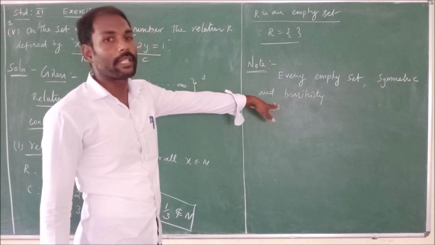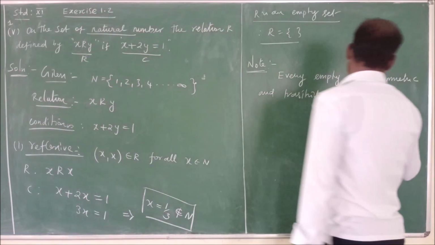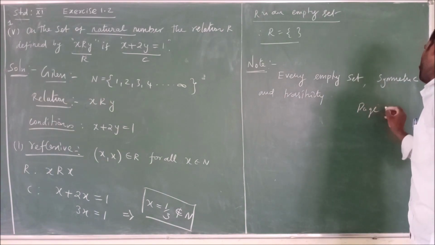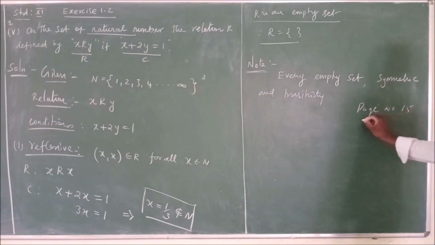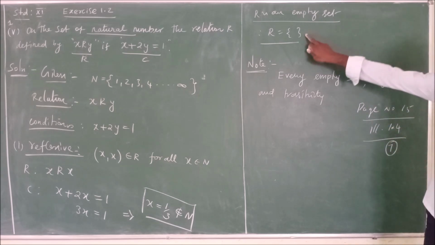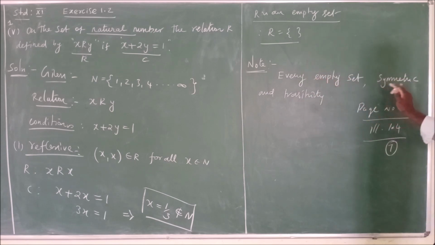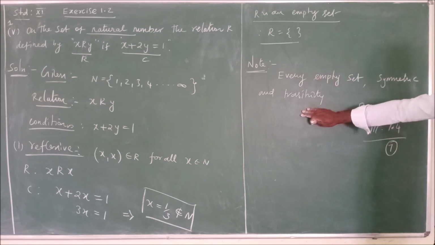It is a result from the illustration. We see the textbook page number 15, illustration 1.4, subdivision 7. Here, every empty relation is symmetric and transitive.